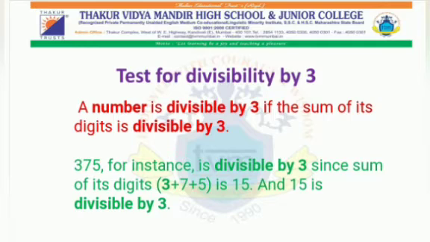So it is very easy to understand students. Whenever a number is given, we just need to add all the digits and the total should be divisible by 3. Now let us go ahead students.